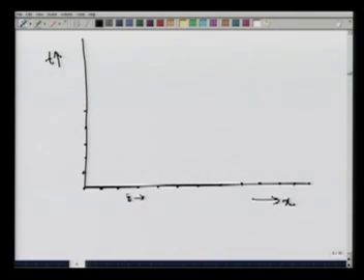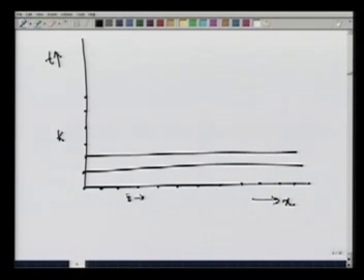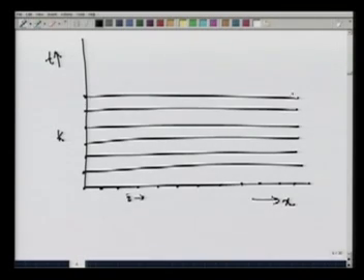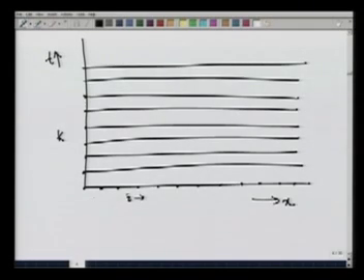Let us say I represent them through k. Okay. So this grid indicates the spatial variation and the temporal variation of our problem domain. This is the spatial direction, this is the temporal direction.